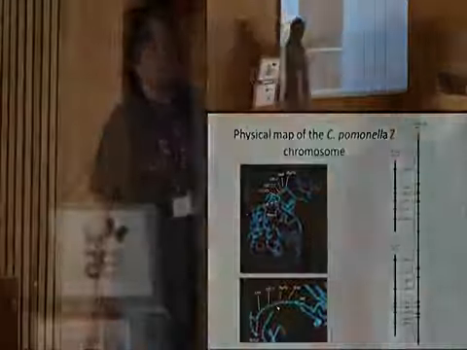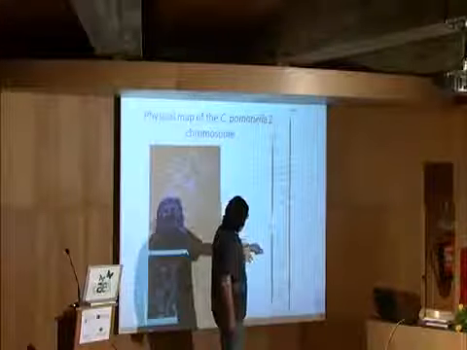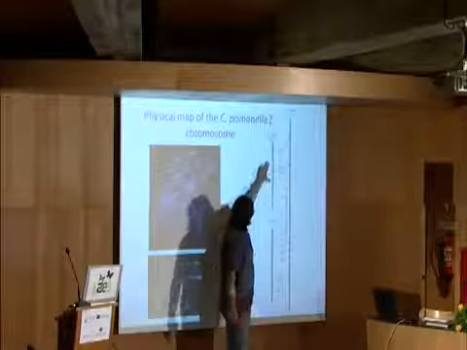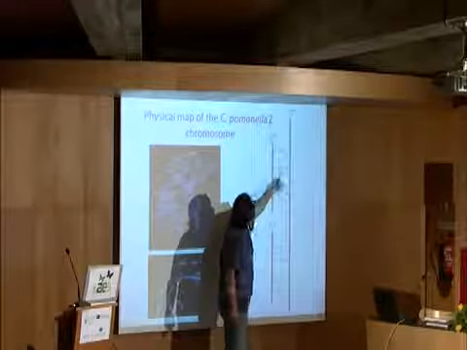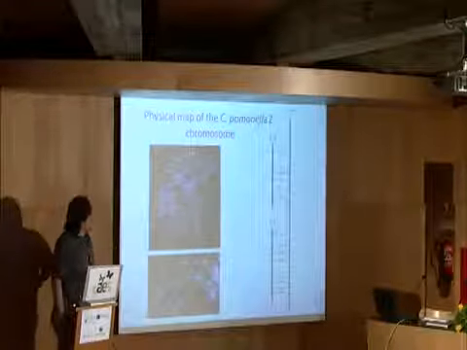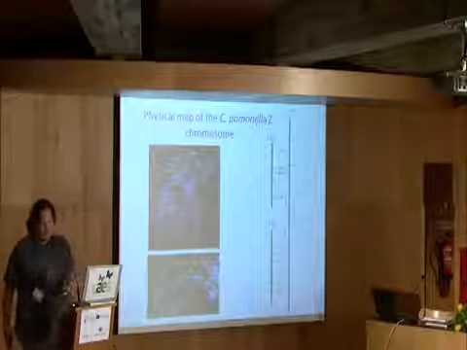And here, when you measure the relative position of signals, you can make such a nice scheme. So you can see again that the Z chromosome of Cydia pomonella consists of chromosome 15 and the Z chromosome of Bombyx mori.